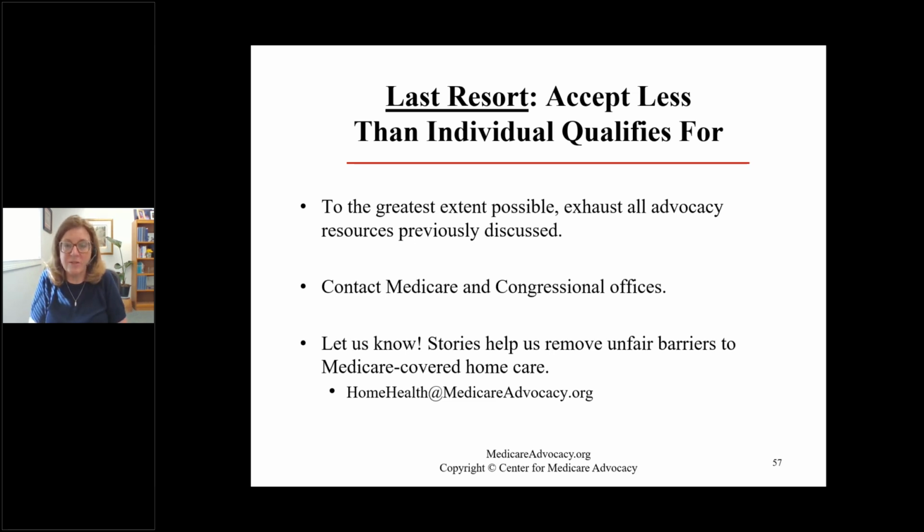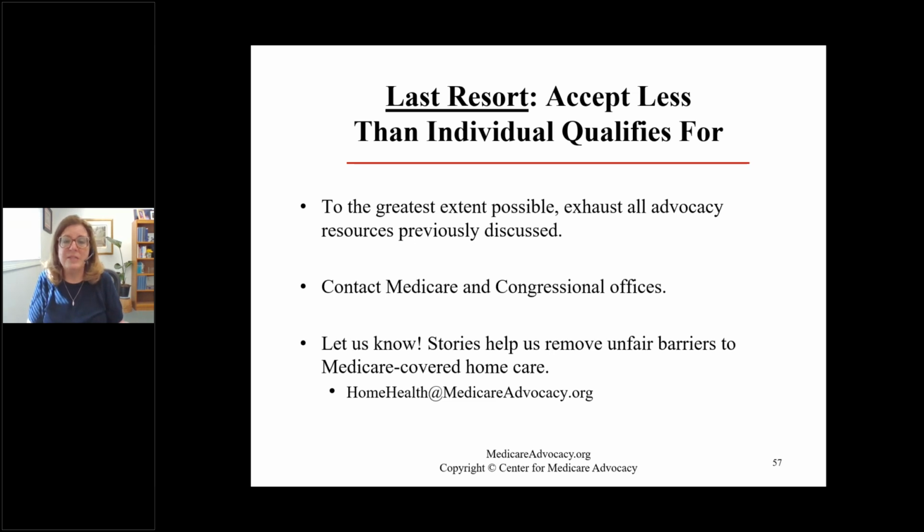It's not the answer. We're not settling for this, but it's really important that we get a foot in the door, you get those services, and then if the services are stopping and they shouldn't be, appeal that and make sure that you can continue to get the services.